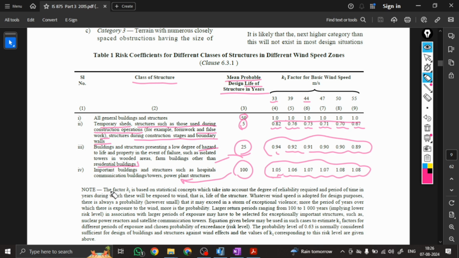Now we have one note also here. The factor K1 is based on statistical concepts which take into account the degree of reliability required and the period of time in years during which the structure will be exposed to wind, that is, the life of structure.